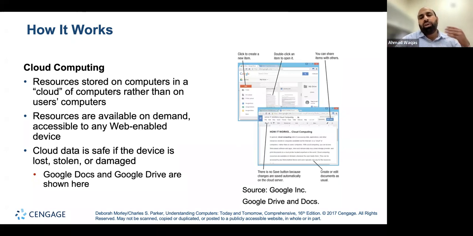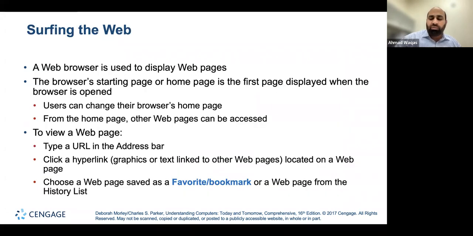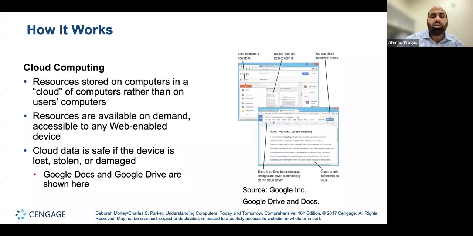The reason is that they are stored on the cloud. So resources are available on demand, accessible to any web-enabled device. Cloud data is also safe. If your personal device is lost, stolen or damaged, you can still access your documents or your emails back from the cloud server, right? Examples are Google Docs and Google Drive.